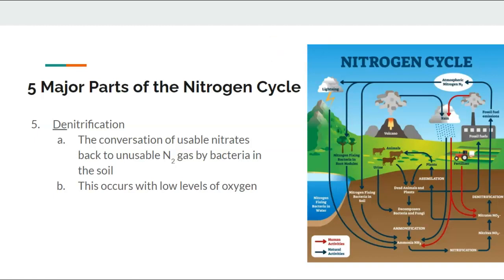Now, the key for the nitrogen cycle that is not actually written anywhere, but hopefully you're listening to this, is that bacteria are doing almost all of this, right? Bacteria are going through nitrogen fixing, they're going through ammonification, they're doing the nitrification. All of this is through bacteria.